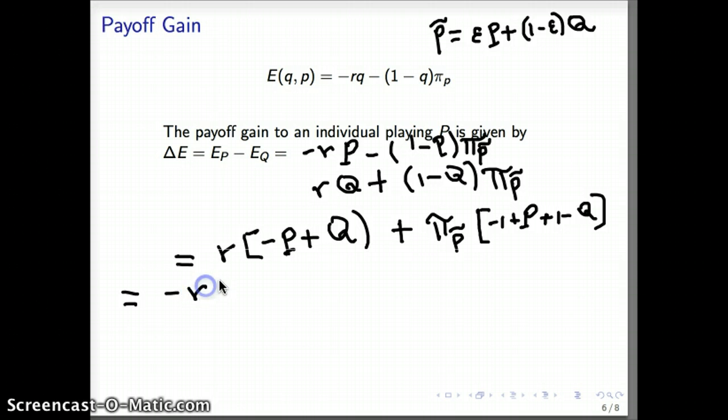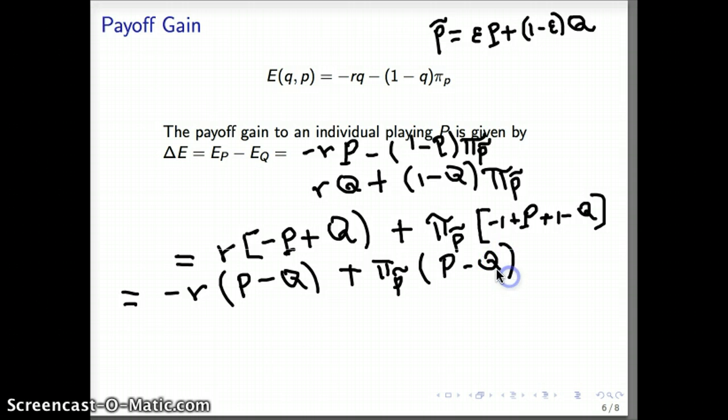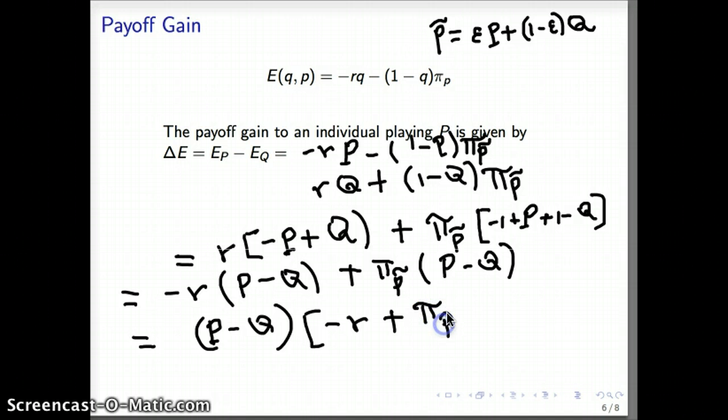We have minus R times P minus Q plus pi sub P tilde times P minus Q. Okay, and so we can write one more line in which we write P minus Q as a common factor, and this multiplies minus R plus pi evaluated at P tilde, which is that expression we have over there.